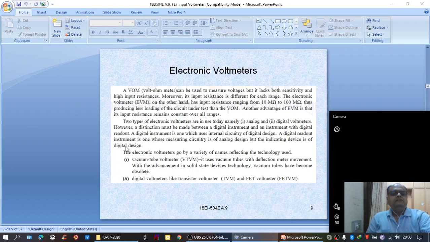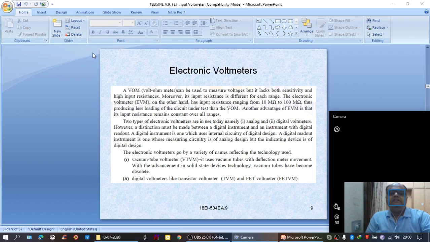In a multi-range circuit, in all the ranges, the input resistance remains the same, whereas in normal VOMs, for different ranges, the voltmeter offers different input resistances.